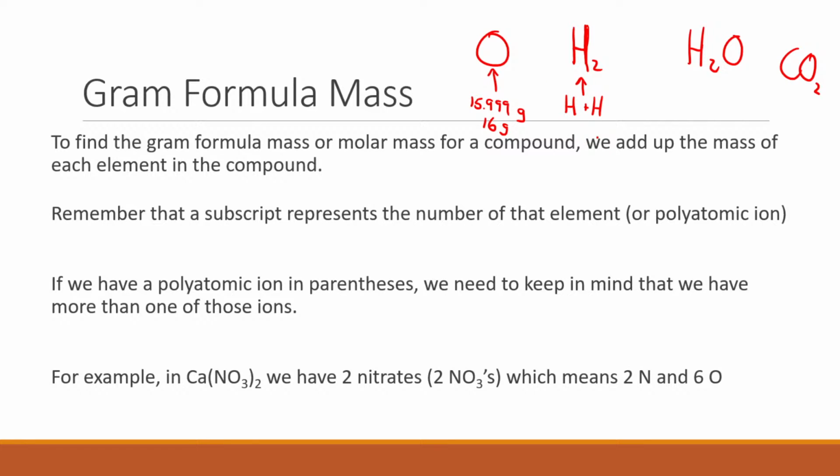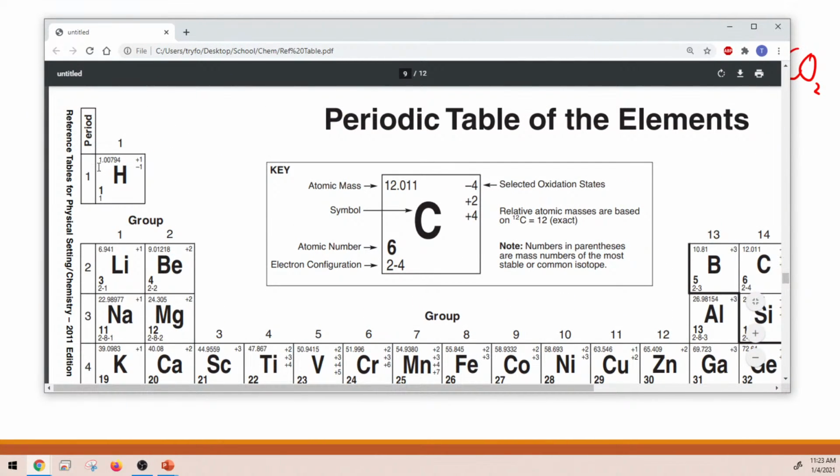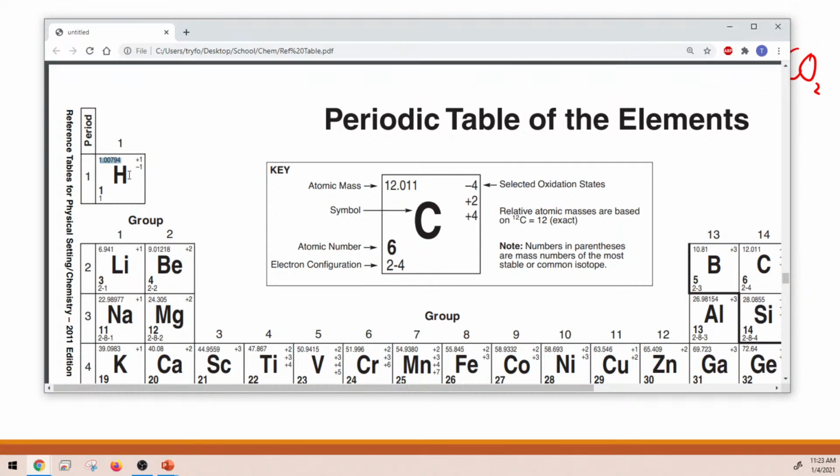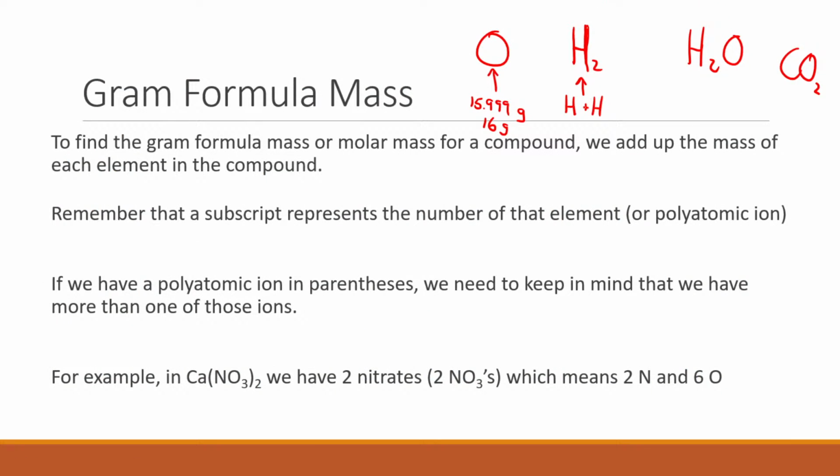And when I check the periodic table, right, let's do that together. When I check the periodic table, hydrogen has a mass of 1.00794. We're going to round it to 1. And so when we come back here, we're going to have 1 gram and another gram for a total of 2 grams.